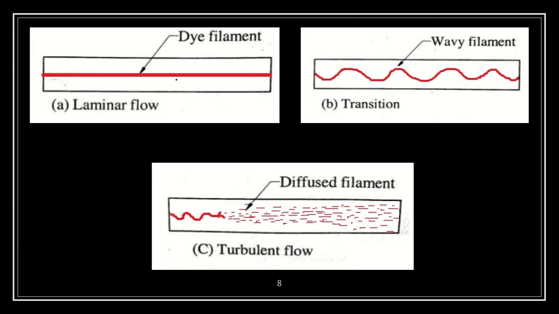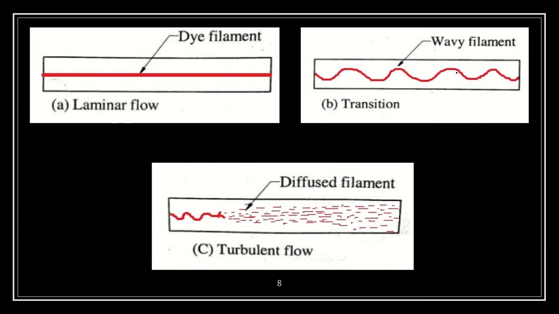When the velocity was less, the dye filament was moving in the form of a straight line parallel to the water particles. When the velocity was slowly increased, it changed into a wavy filament, and with further increase in velocity, it broke up and diffused. So the straight line motion he observed with lower velocity, he called laminar flow.